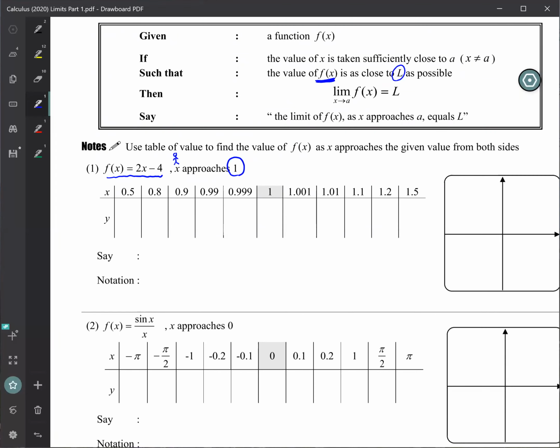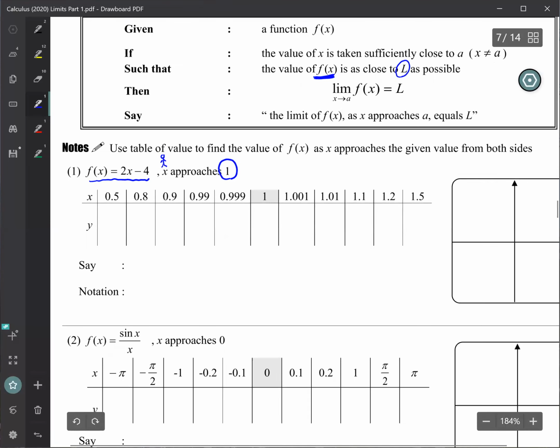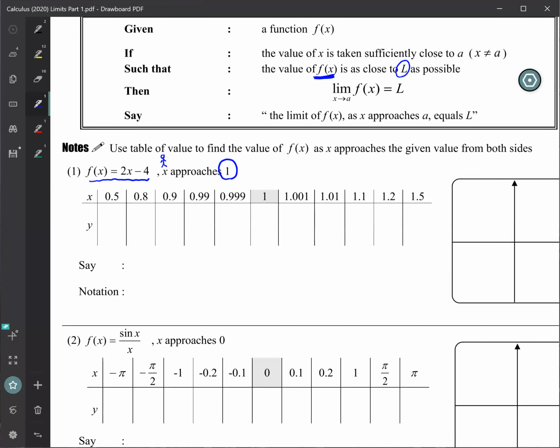Or you could walk from the right side of 1, so 1.5, 1.2, and closer to 1. So please take out your calculator, punch all the x values into the function, and then I will ask for your y values. Once you have filled up all the tables, please raise your hand.